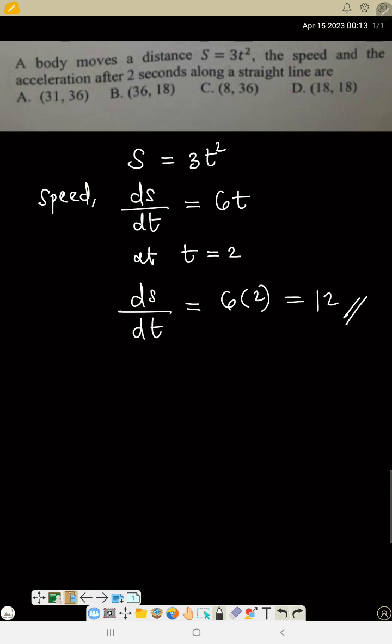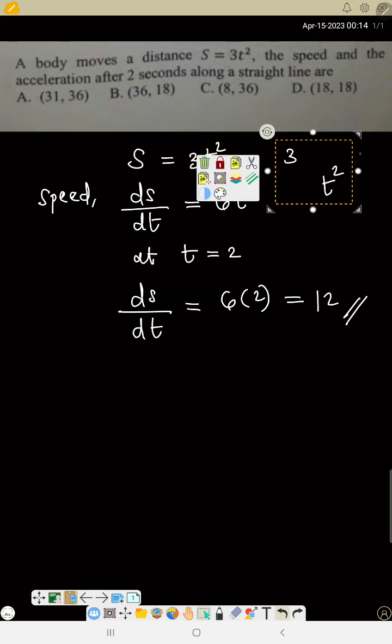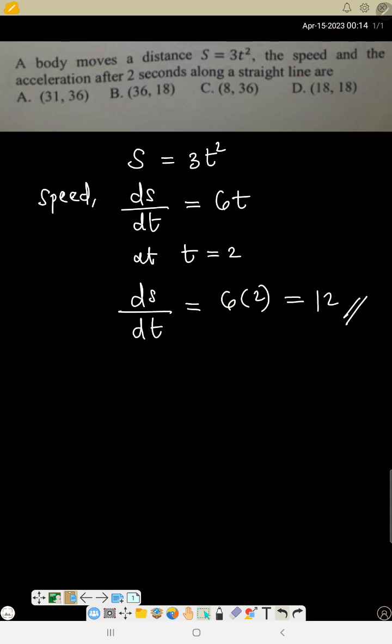So take note, it is 3t squared that we have, except if it is 3t cubed, and this will be 9t squared. I think down there is the answer, so probably the question is not squared, because the first one should not give us 12.